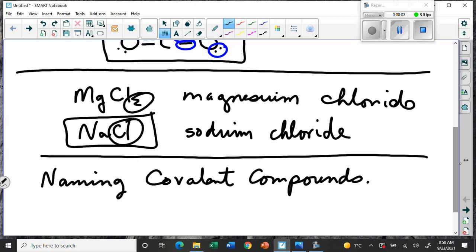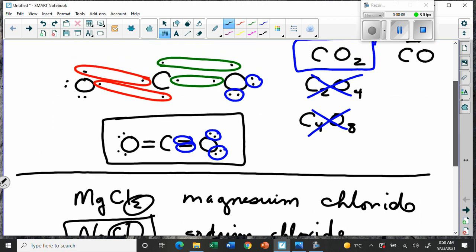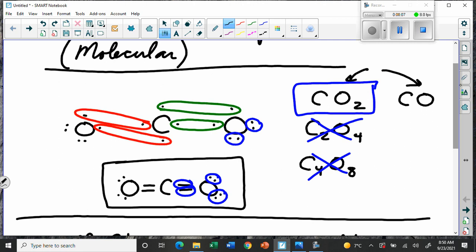That's the difference. So we call this one over here carbon dioxide, meaning it has the one with 2 oxygens. And this one we call carbon monoxide, or monooxide, sort of slurred together, which means 1. Mono means 1 oxygen.